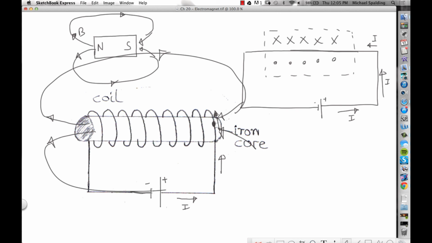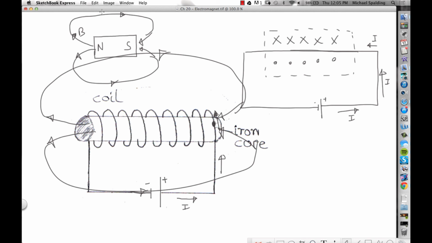Now, why is this important? Well, look, I'm going to show you. You are going to see electromagnet problems in the homework set. Now, I don't have an image for my computer. I have a demo set up over here, but it's not going to be very good for kids watching this at home.